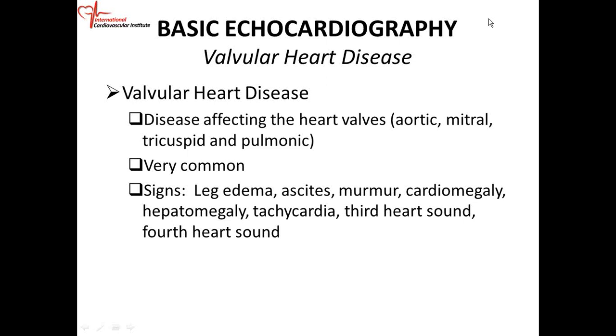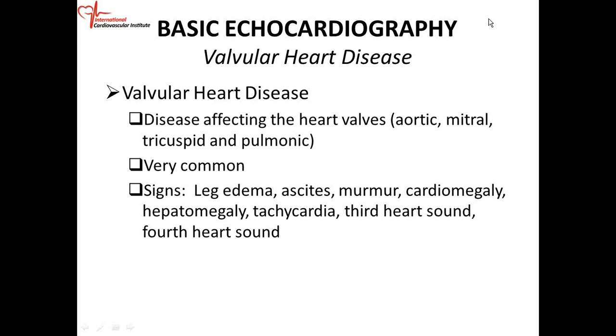Hepatomegaly for the same congestion problem we talk about. If the pulmonary pressure is up, then it's going to increase the pressure in the venous system. So if you have pulmonary hypertension, it's going to increase the pressure in the right ventricle, the right atrium, the inferior vena cava, and then the liver is going to be enlarged.